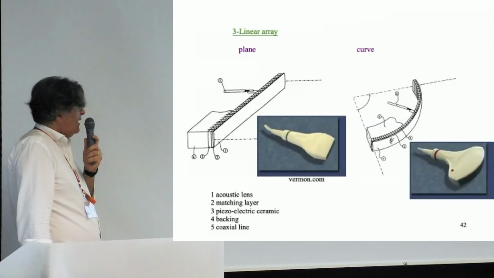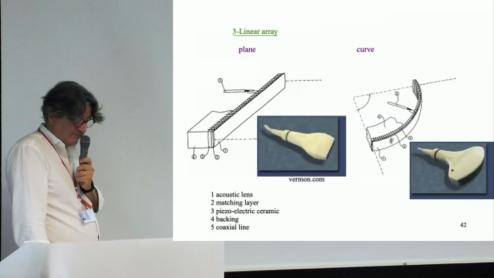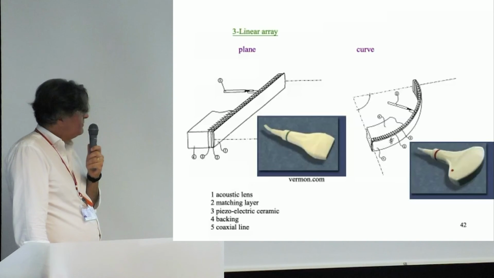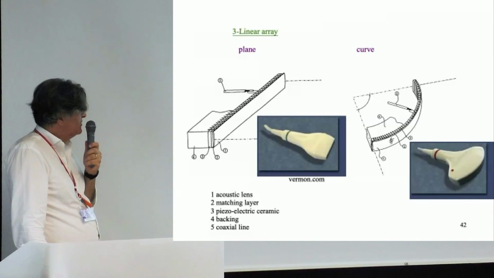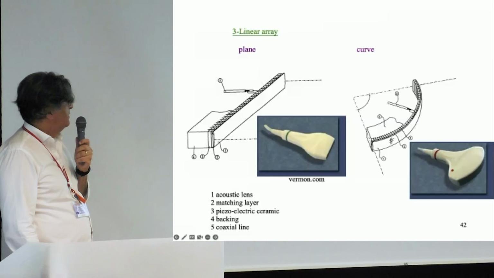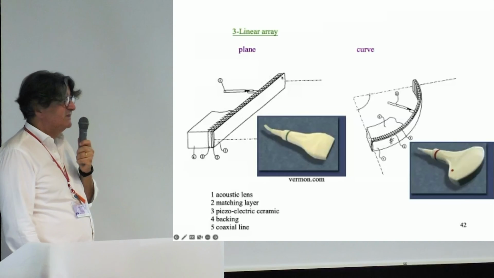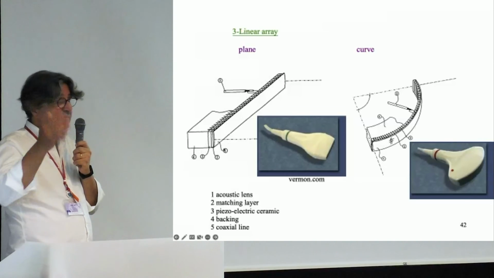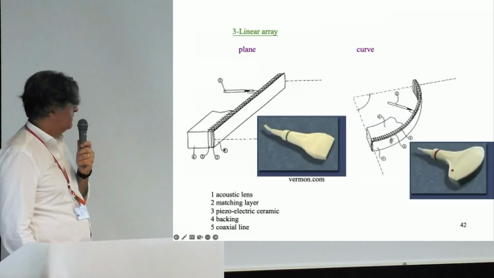Now, if I look at arrays, I said that it is a juxtaposition of multiple element transducers. So that's a transducer design where you have each element. Typically, you have 128 to 256 elements, and you can even have a higher number of elements.